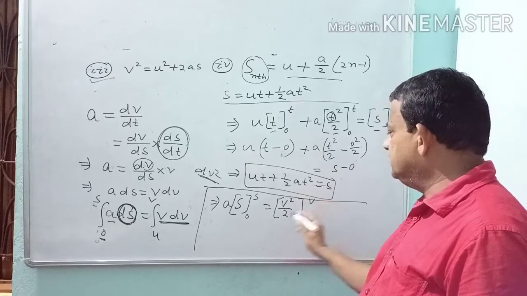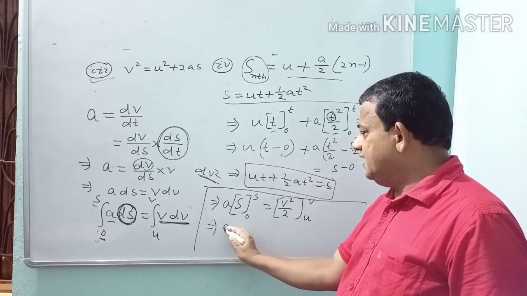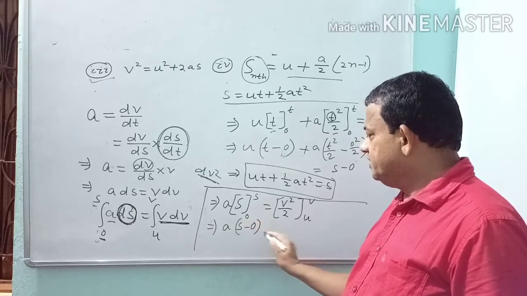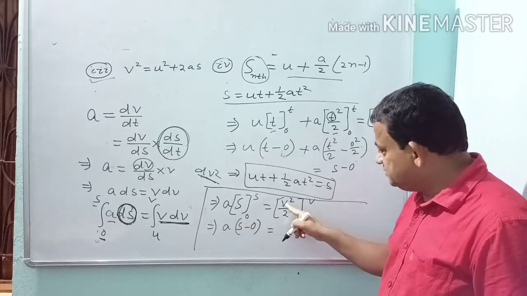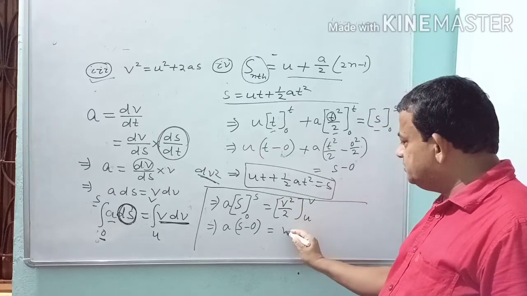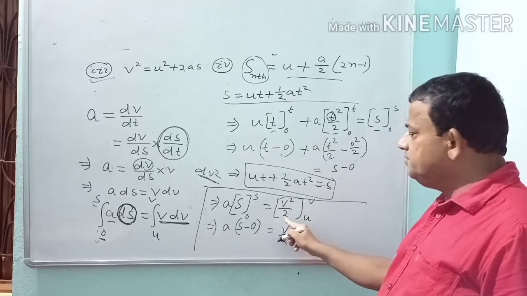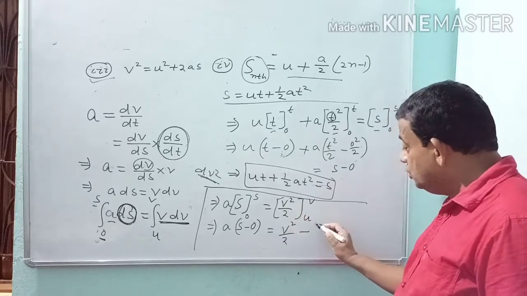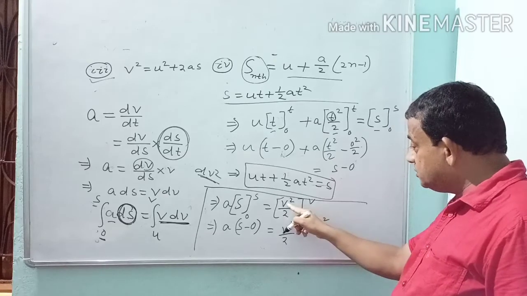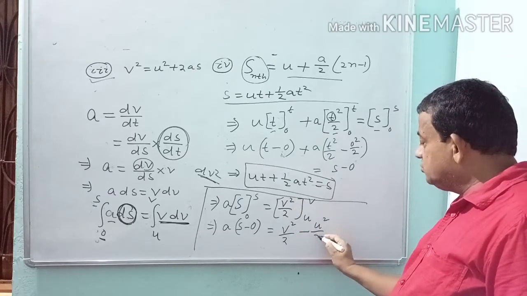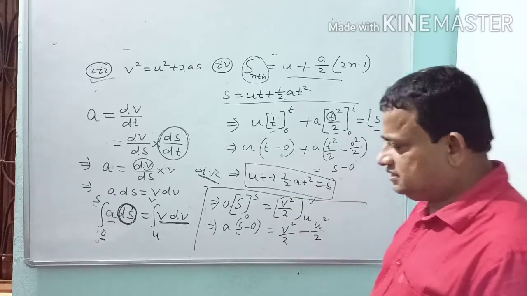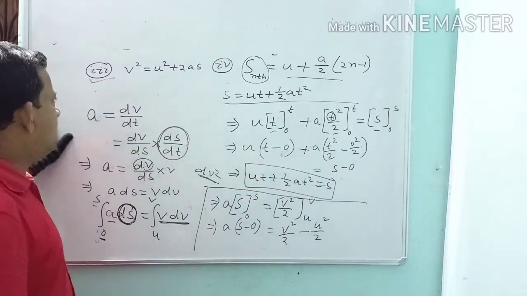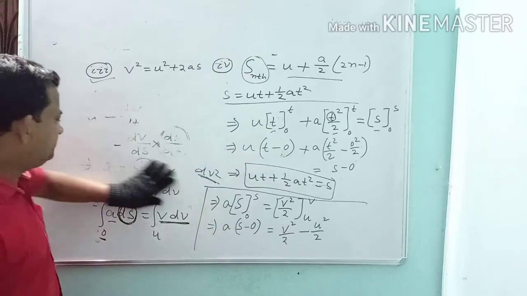So for u to v, upper limit first minus lower limit: for this v you put v square by 2, minus, for this v you put u, so that will be u square by 2. So if you solve this, if you simplify this, what you get is your third equation. You check.